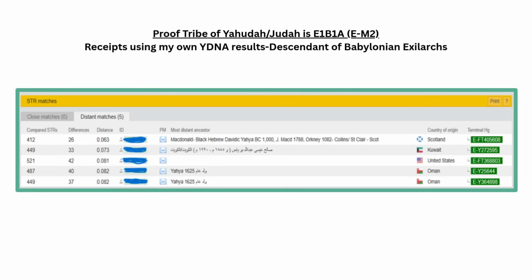So the fact that none of the matches are in Africa is unique, but that's just a unique feature of my particular paternal line in terms of where they went, who they were, and I'm going to show you in a minute, tie this back to the Davidic line.